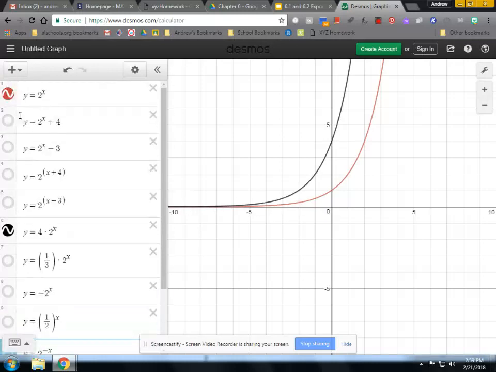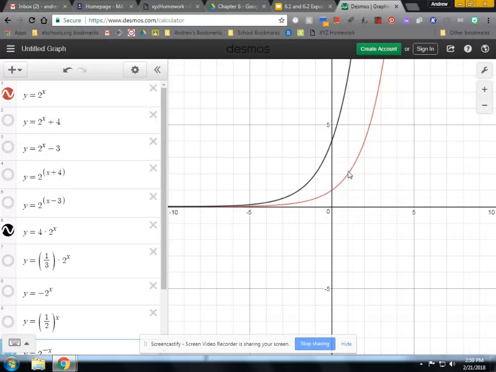With the plus 4 here, the horizontal asymptote became at 4. 1, 2, 3, 4, because again, it moved up 4. So the times 4 is going to move the y-intercept times 4. So 1 times 4 is 4. 1, 2, 3, 4. There it is at 4.